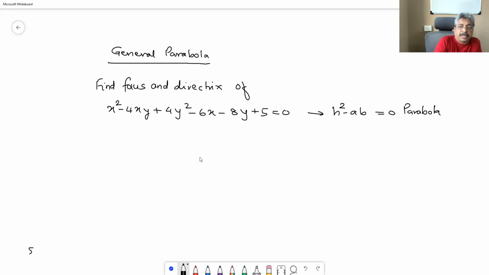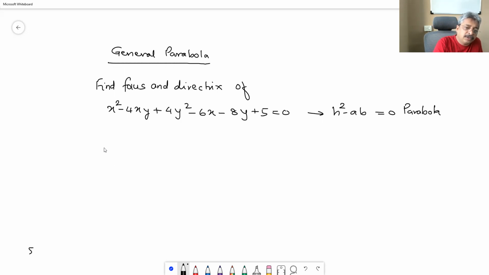Let us understand that a parabola is a locus of a point whose distance from a fixed point and a fixed line is constant. The ratio is 1. Their distances are equal.